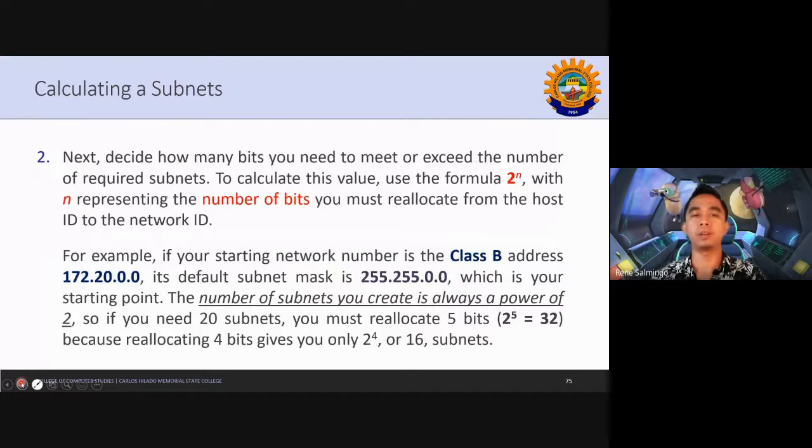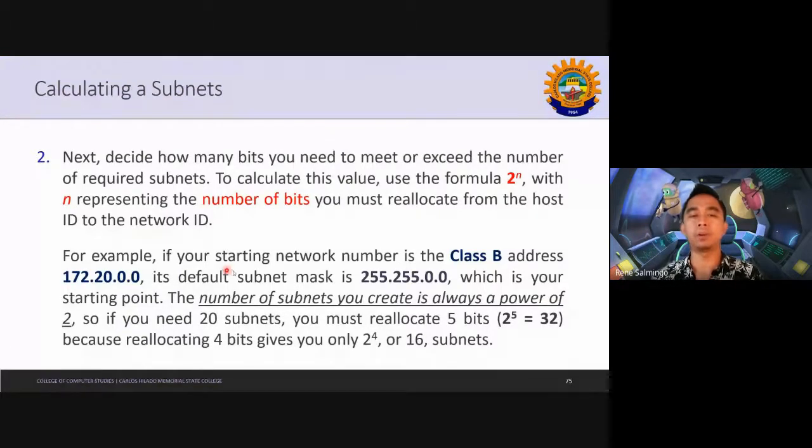Next, decide how many bits you need to meet or exceed the number of required subnets. The formula is 2 to the n, with n representing the number of bits you must allocate from the host ID to the network ID.